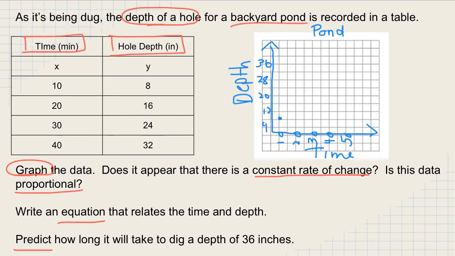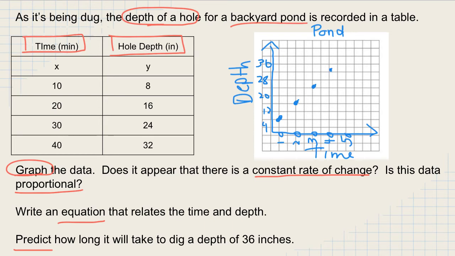And it is extremely difficult to graph on this iPad, but I'm doing my best. In 20 minutes, the hole depth will be 16 inches, so that'll be here. In 30 minutes, 24 inches. And in 40 minutes, 32 inches.